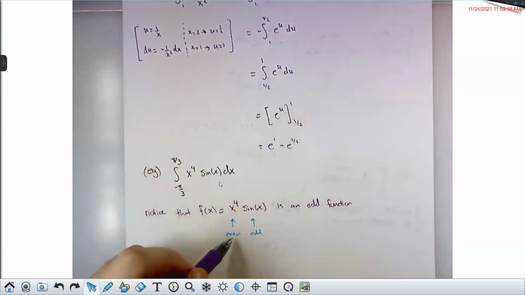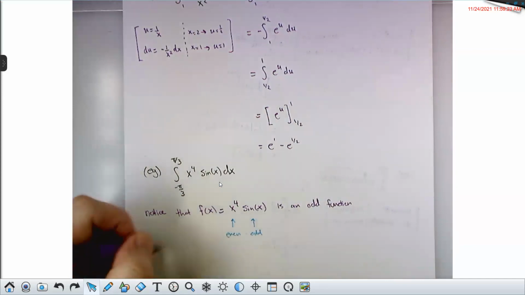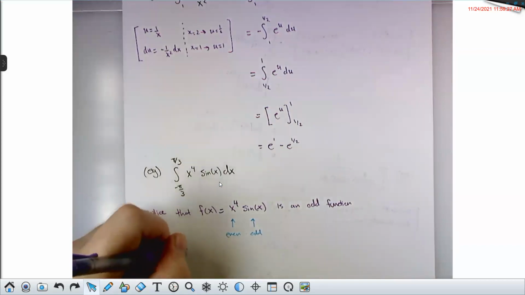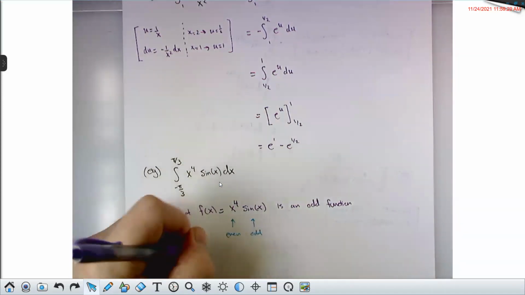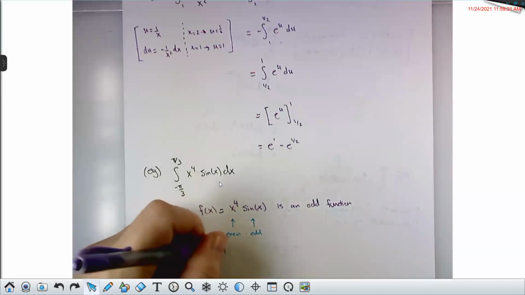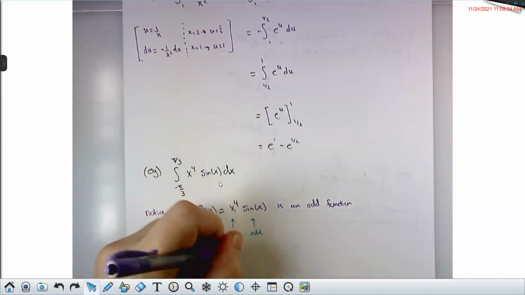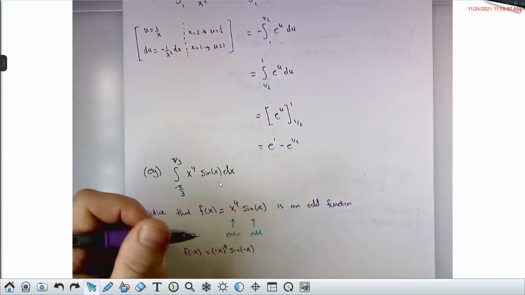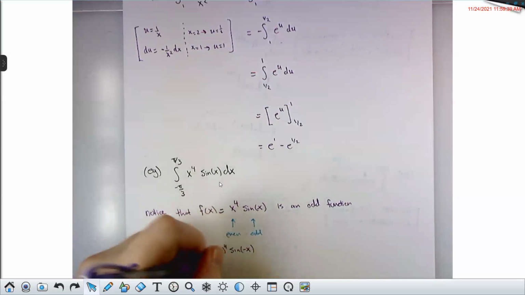In general, if you multiply an even function by an odd function, you will get an odd function. We can check. F of negative x would be negative x to the 4 times the sine of negative x. Negative x to the 4 is just x to the 4.